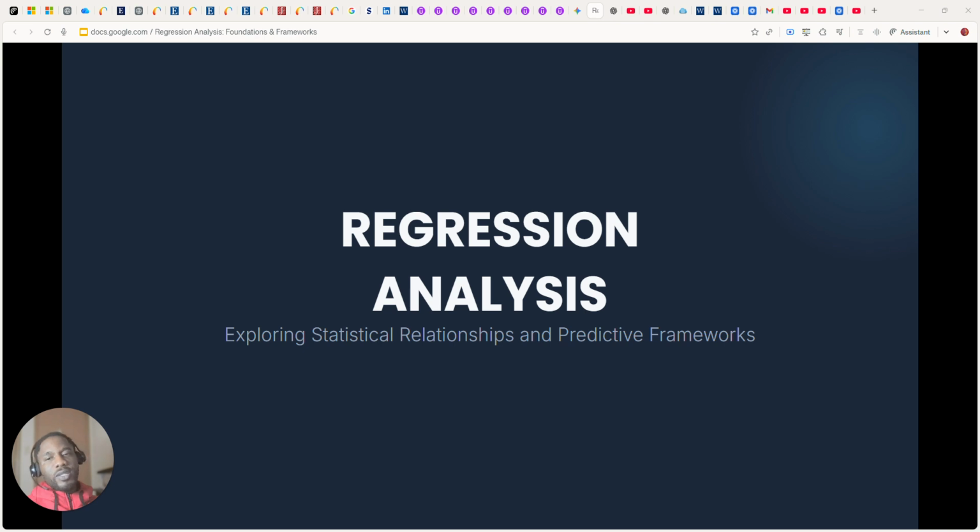Then it can also help you see how much extra work time each cup of coffee adds. A typical example can be each extra cup of coffee is linked to 30 minutes of work. So that is regression. In one sentence, regression is a tool that helps you predict or explain an outcome based on other factors.